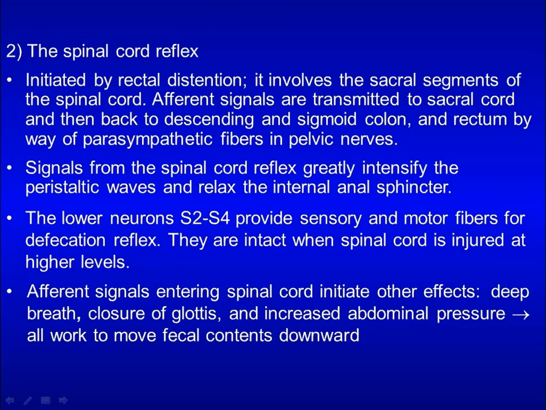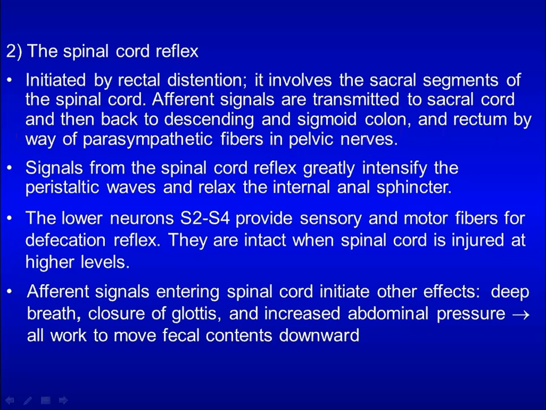The spinal cord reflex is initiated by rectal distension. Efferent signals are transmitted to the sacral cord and then back to the descending and sigmoid colon and rectum by way of parasympathetic fibers in pelvic nerves.